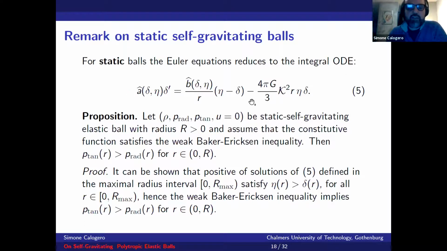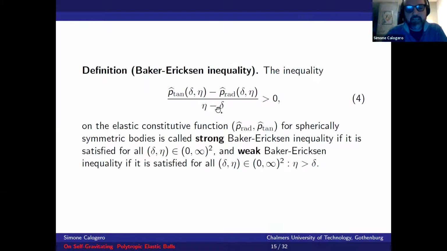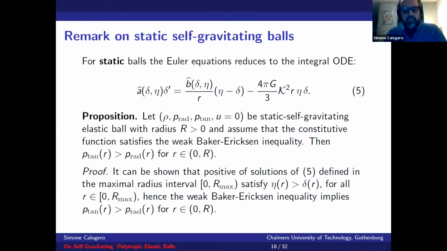It's an easy continuation argument to prove that solutions of equation phi satisfy eta greater than delta as long as they exist. So eta is greater than delta, but now the Bacher-Erichsen inequality says that if eta is greater than delta, then the tangential pressure must be greater than the radial pressure. Okay. What happens at the center?